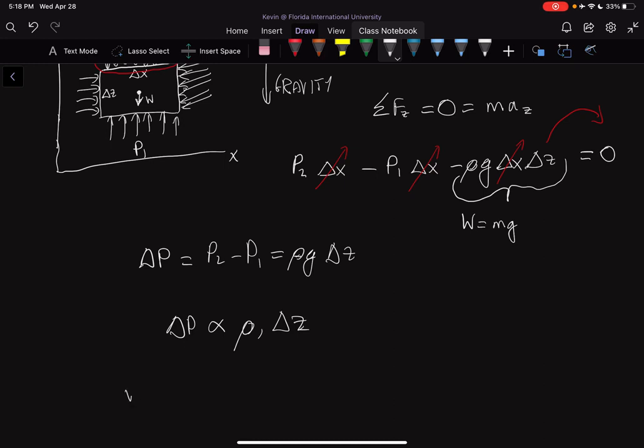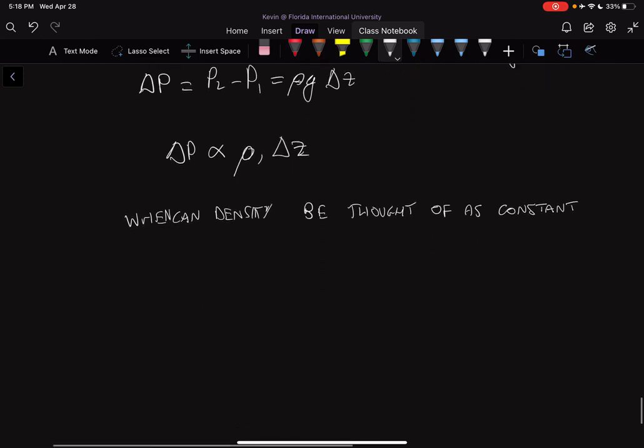So when can density be thought of as constant? Density can be thought of as constant for liquids.